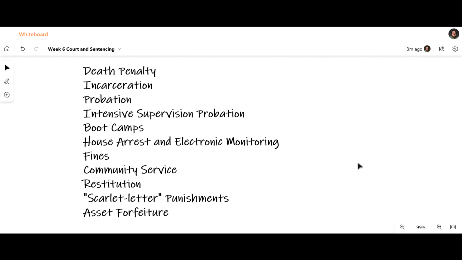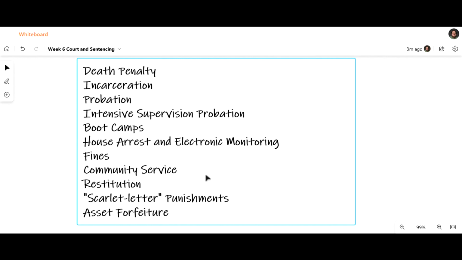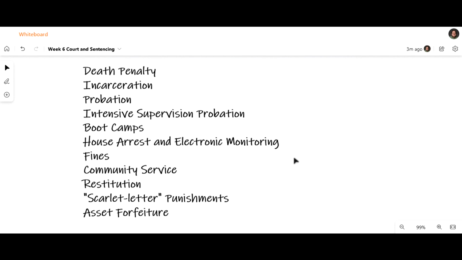And so something that came from this is that with sentencing, particularly incarceration and probation, a lot of these that have a time associated with them, not necessarily the ones like fines and restitution, but the ones related to time, so incarceration, probation, intensive supervision, things like that, they needed to have fair practices, and so they came up with three kind of breakdowns.